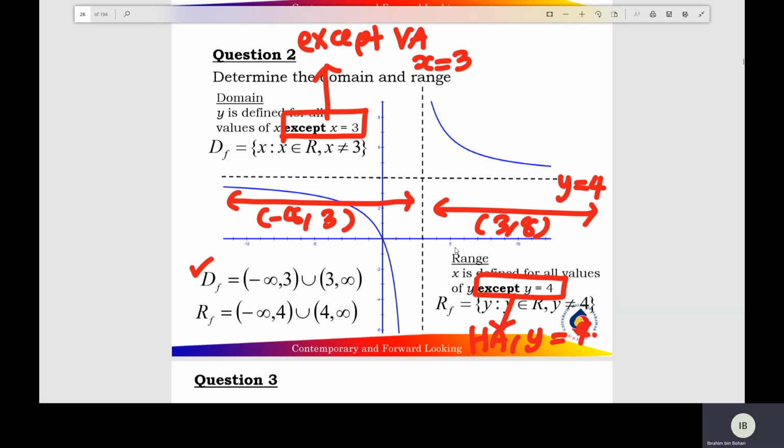Okay, and the range of the rational function is defined for all the values of y except the horizontal asymptote of the rational function.